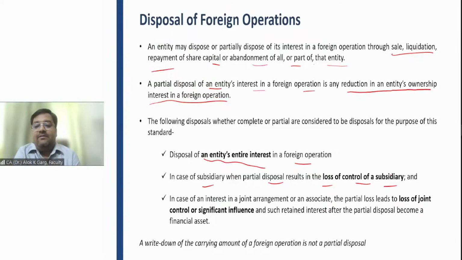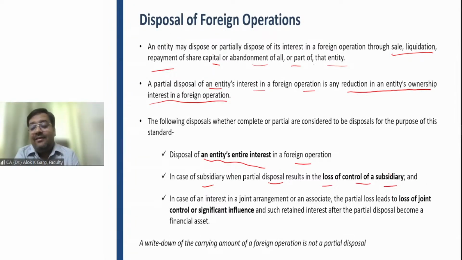So in that case, when you lose control, whatever amount of FCTR was standing will go to P&L, right?